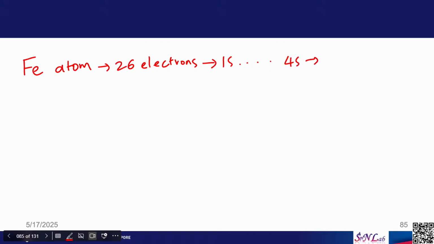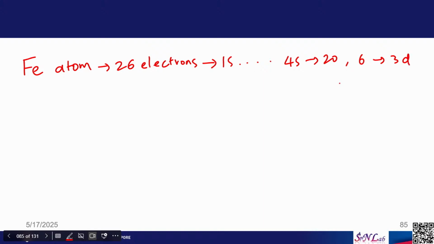So, I started with a simple explanation based on the isolated iron atom. It has 26 electrons. If you start with 1s and go all the way to 4s, there will be 20 electrons. Then the next 6 electrons will be filled in the 3d shell.